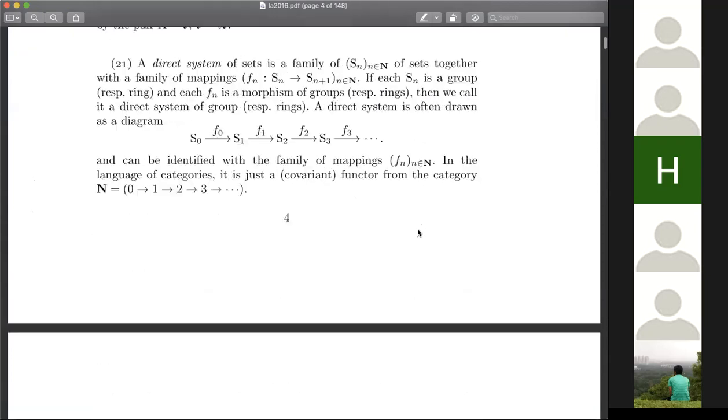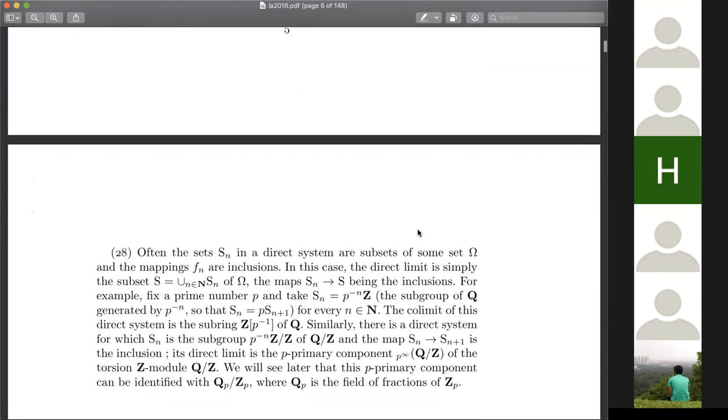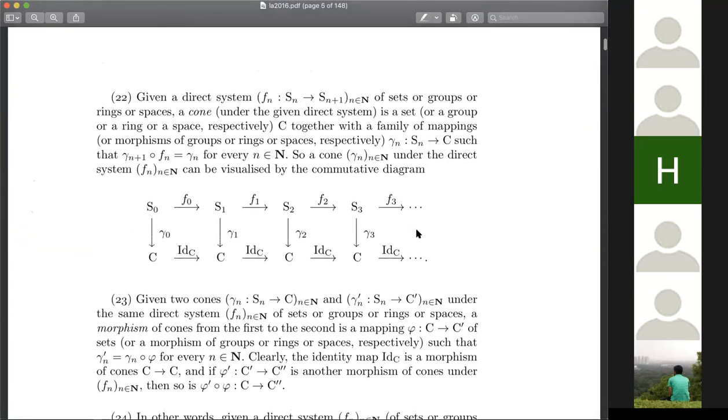But when you are dealing with direct systems, here, S0 to S1 to S2 and so on, that's a direct system. The interesting notion is that of a cone under this direct system.